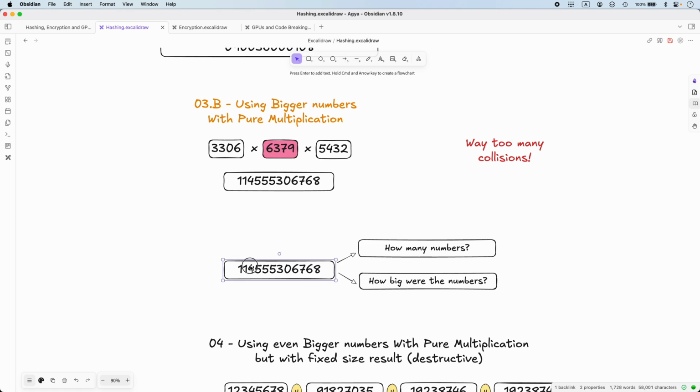Now, if I just gave you this number and I told you that I multiplied, the first question is how many numbers? When you look at the screen, you see three numbers were multiplied. But if I just gave you this number and said a multiplication resulted into this, there are two questions. How many numbers were there and how big were the numbers? And here is where using large prime numbers and multiplying two very large prime numbers becomes such a great mathematical operation.